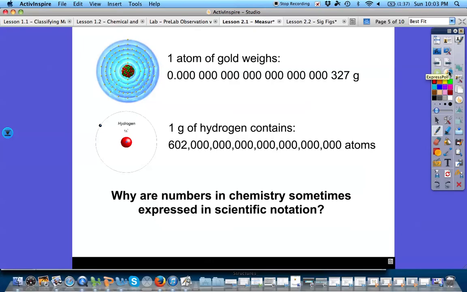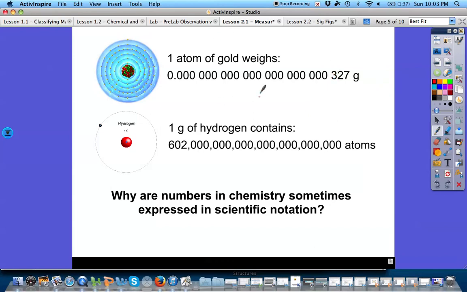Something else that we need to look at is some numbers that we use in chemistry. 1 atom of gold weighs 0. and then we have all these zeros, 327 grams. There's 3, 6, 9, 12, 15, 18, 21 zeros, and then 327.